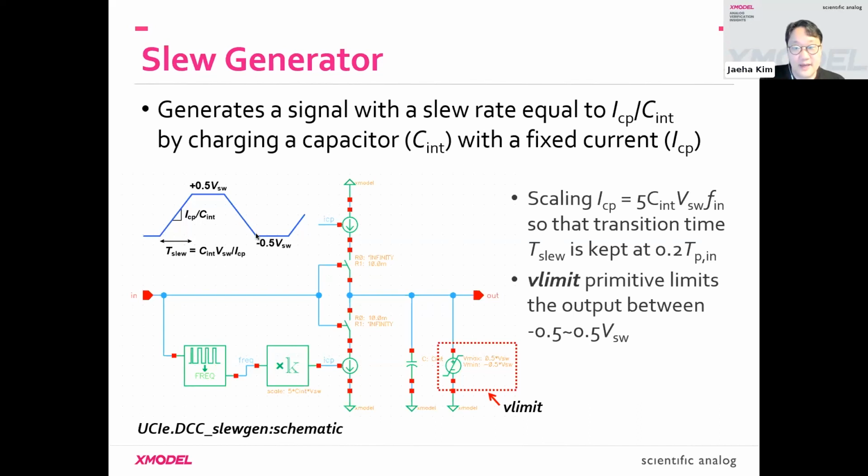Okay. Now, one requirement is we like this rise time and fall time to take the fixed portion of the period. And remember, our clock frequency is going to vary over a wide range from 2 gigahertz to 16 gigahertz. So what we need to do is to scale this charge pump current proportional to the input clock frequency, so that the rise time and fall time will take this fixed portion of the clock period.